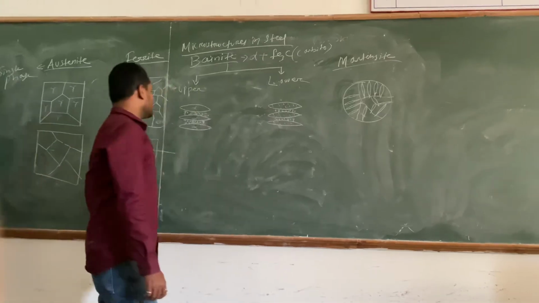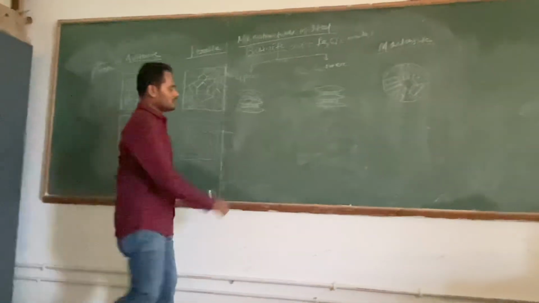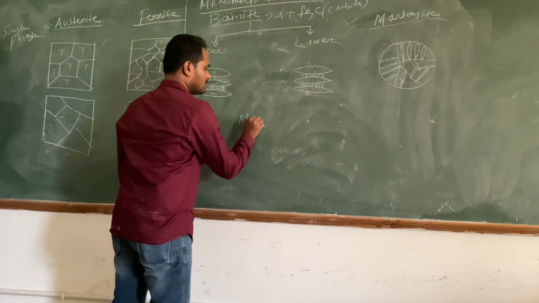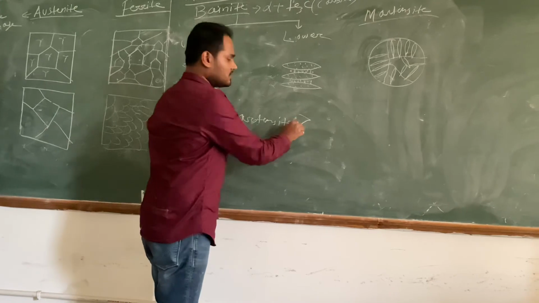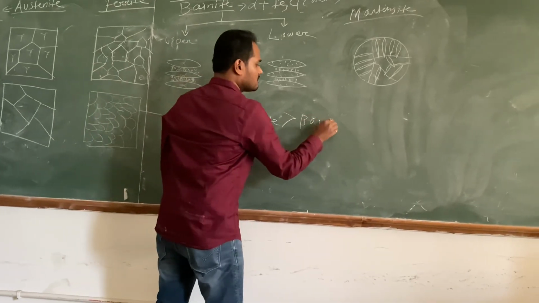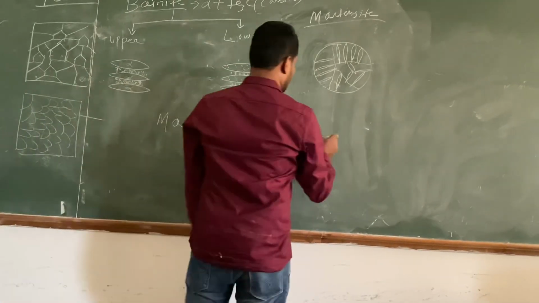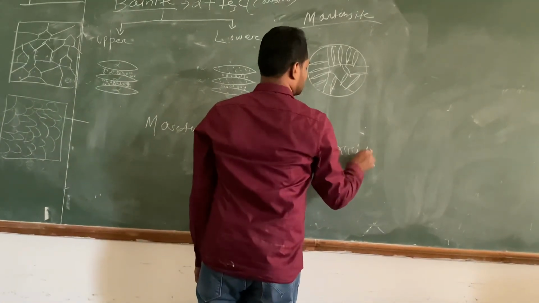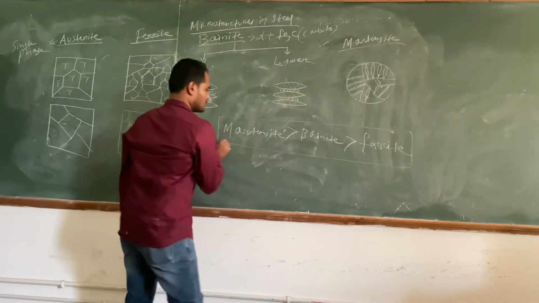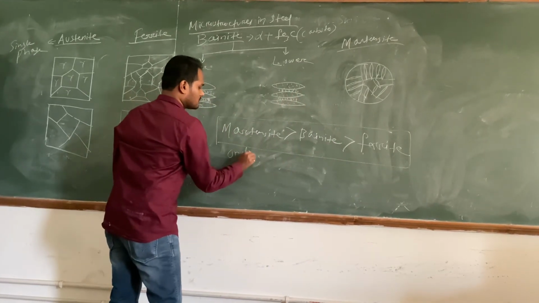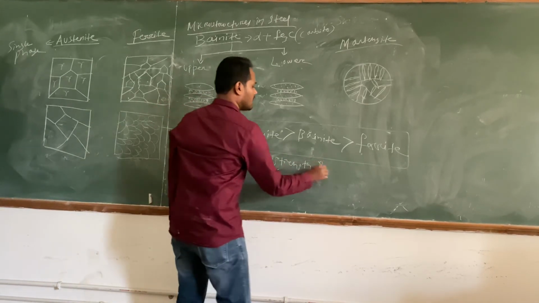And if you want to know the strength or hardness, then the order will be: martensite is the maximum. Martensite has maximum hardness. Then bainite, hardness and strength. Then suppose I have ferrite. This is the order of strength and hardness.